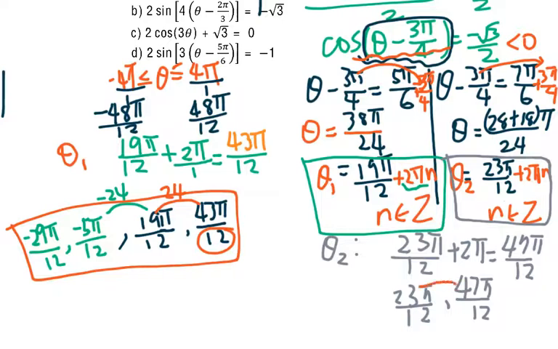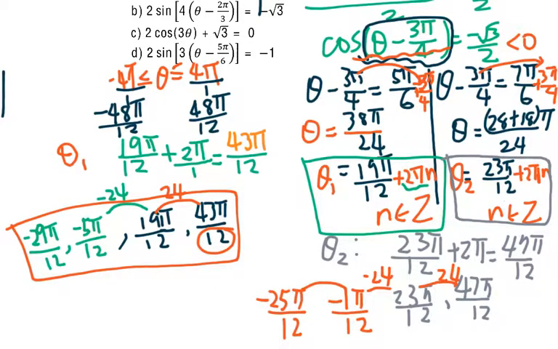Only look at the numerator. It's adding 24 this time. So I subtract 24, you get negative 1 pi over 24. I subtract 24 from here. Then I subtract 24 again, and then I will get negative 25 pi over 12.